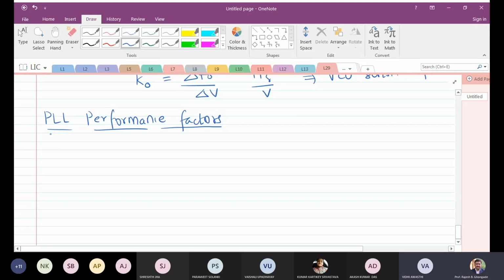Okay, let us look at the performance factors.